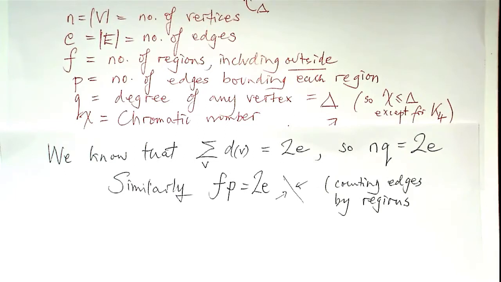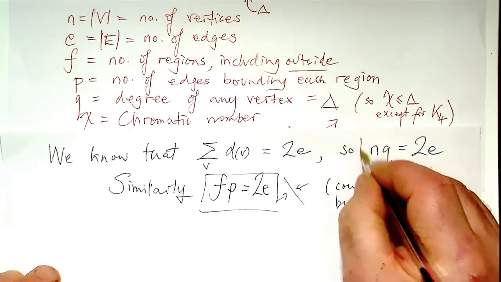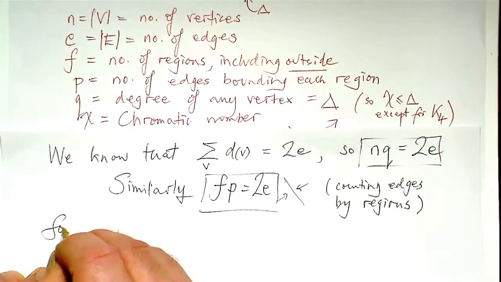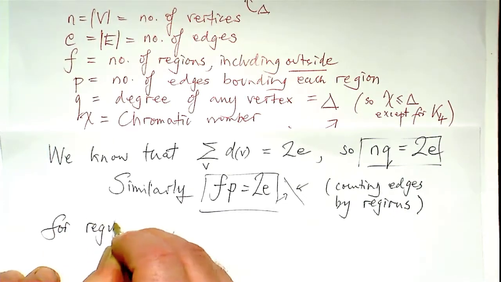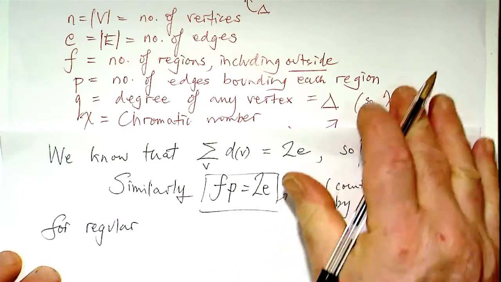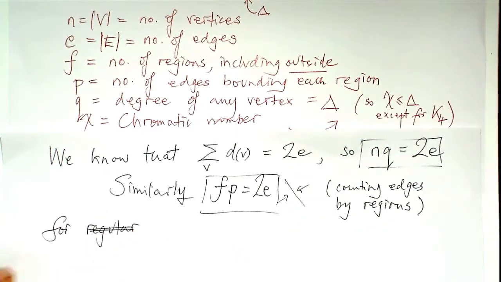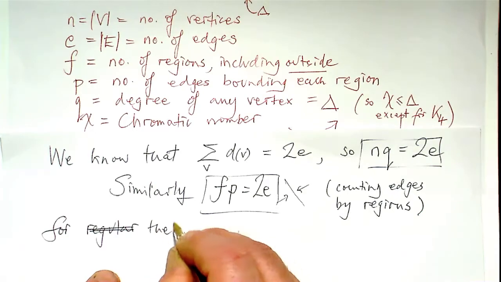This only makes sense for planar graphs: in a planar graph each edge has a region on one side and a region on the other. So here are the two formulae to remember. This is for regular planar graphs, well, not only regular, but we need all the faces to bound the same number of edges. So let's say just for the Platonic graphs.